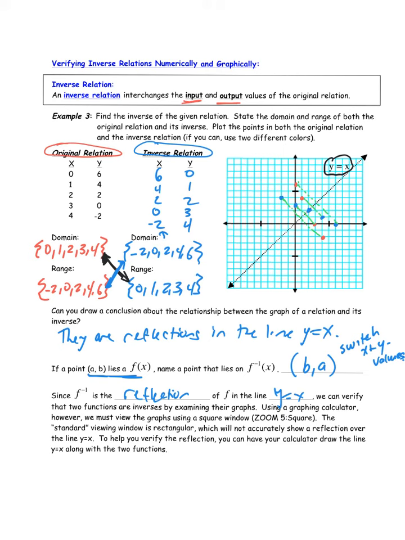We can use our graphing calculator, graph both functions, and also graph the line y equals x, but you're going to want to use a square window. To do that, you can do zoom, I think it might be zoom B square. That will make a square window where it's easier to see that two graphs are reflections of each other.